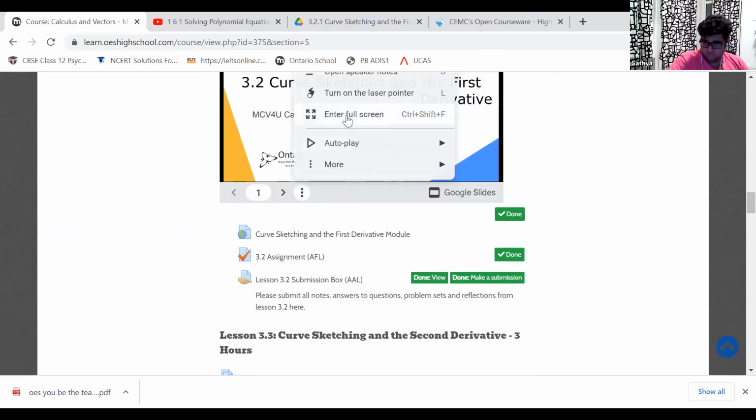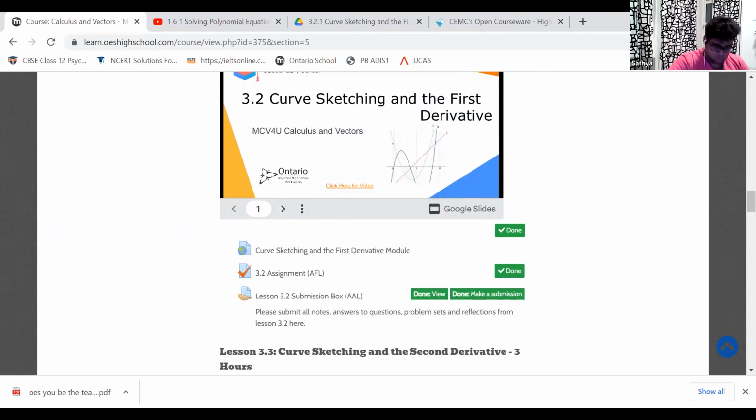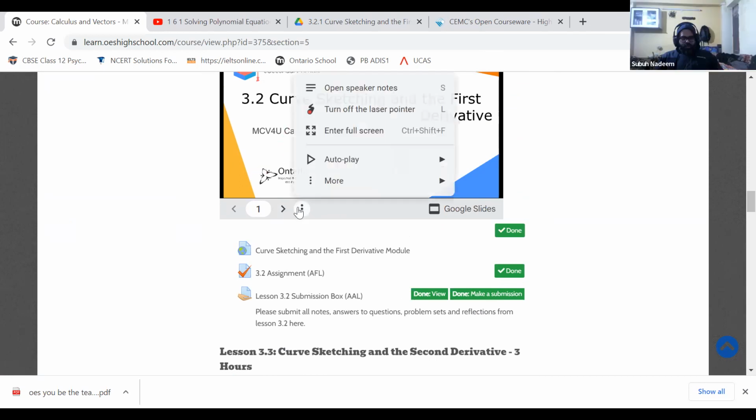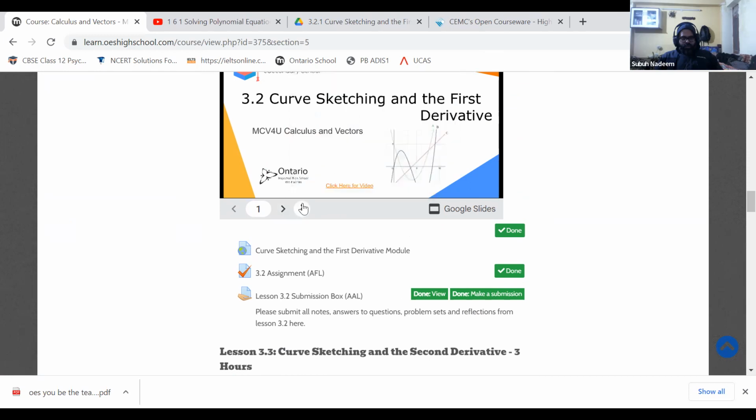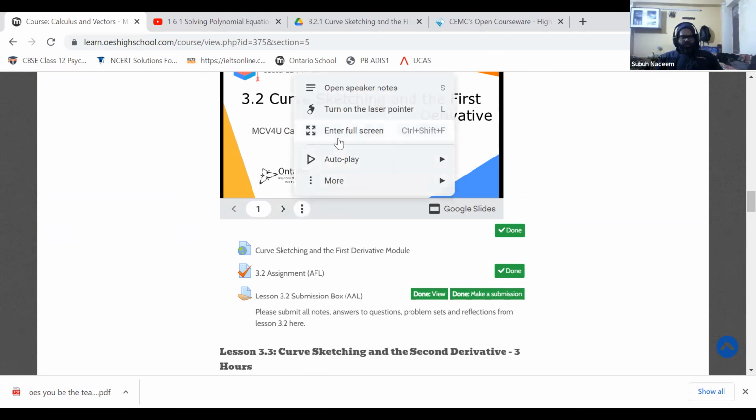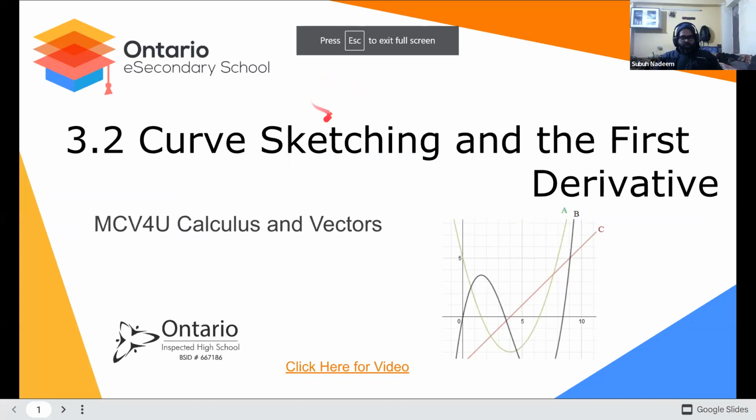Will they have asked to plot a graph, or curve sketching on the first derivative? Maybe if they are giving this, then they may ask. Okay.